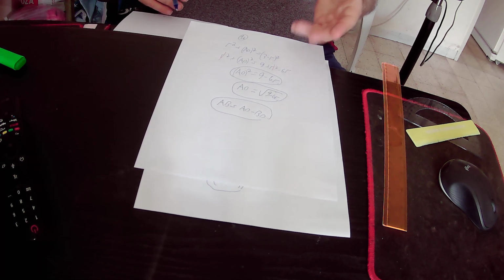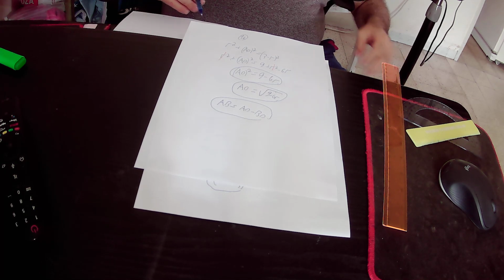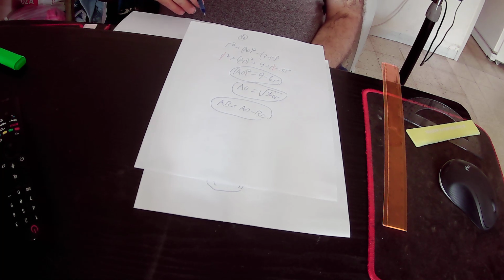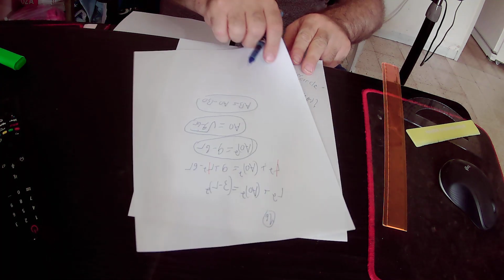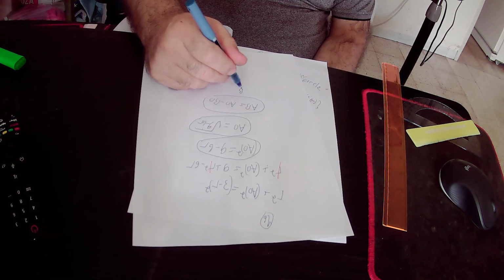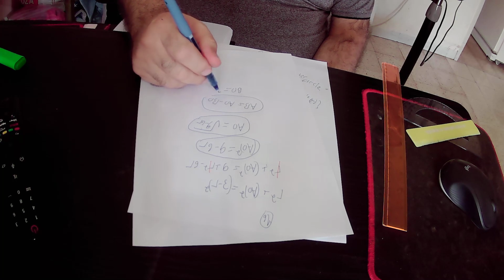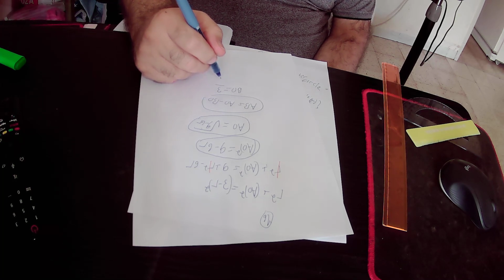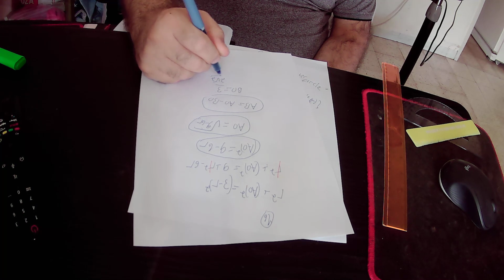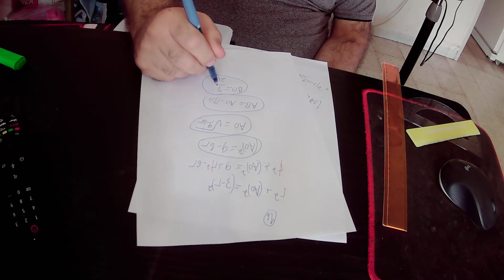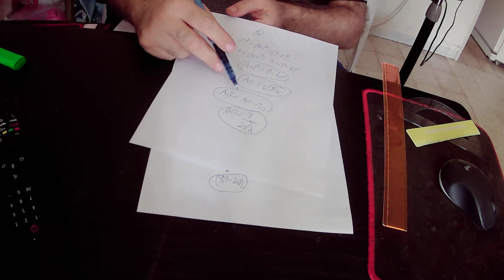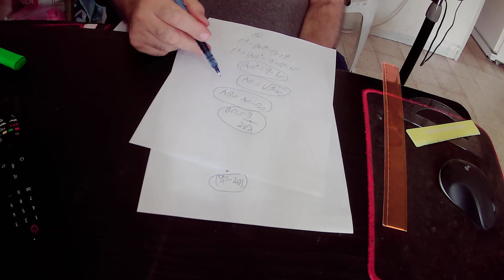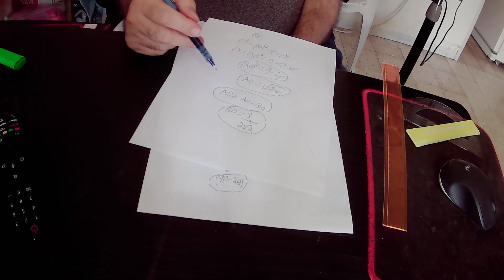But we have already found out that AO equals the root of 9 minus 6r. And we have already found out that BO equals 3 over 2 times root 2. So we have the value of AO, we have the value of BO, therefore we also have the value of AB.